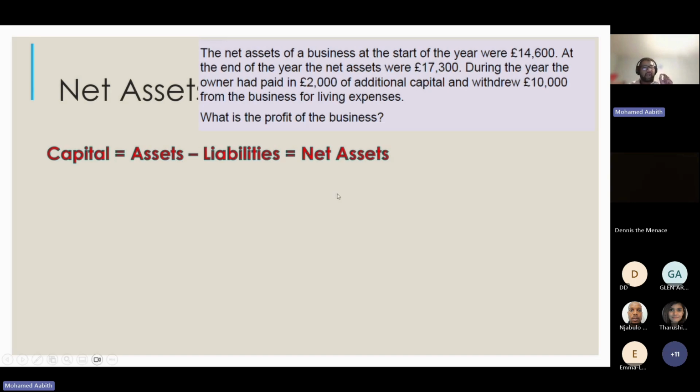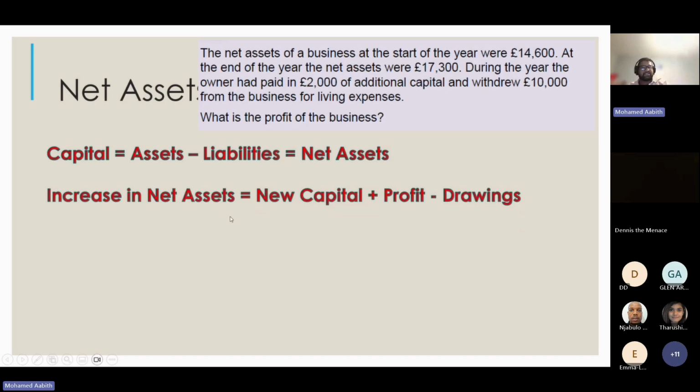So if I look at it here, the net asset method means the increase in net assets will be equal to, so if the net assets in a particular situation have increased, that could be down to only 3 factors. These 3 factors are: either we have new capital injected by the owner into the business, or you earned a new profit in that financial period, minus any drawings.